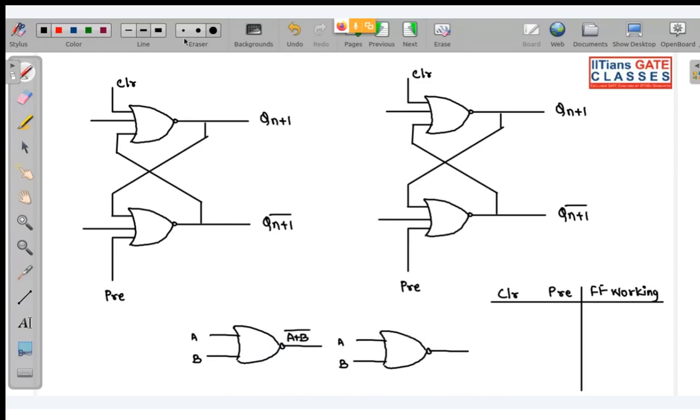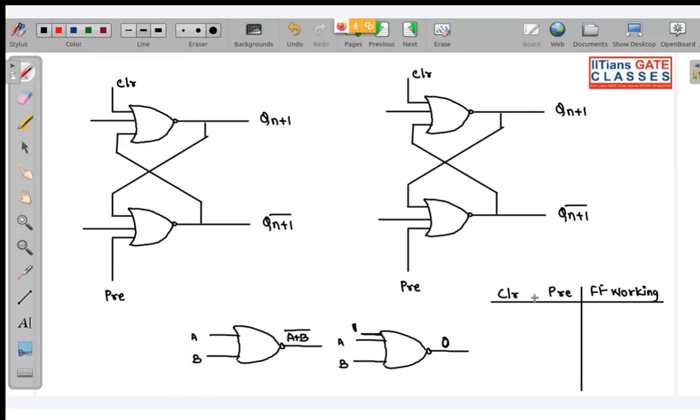Now, if one of the inputs of the NOR gate is 1, immediately the output will go to 0. So in a NOR gate, more priority is given to 1. We will see what clear and preset basically do.